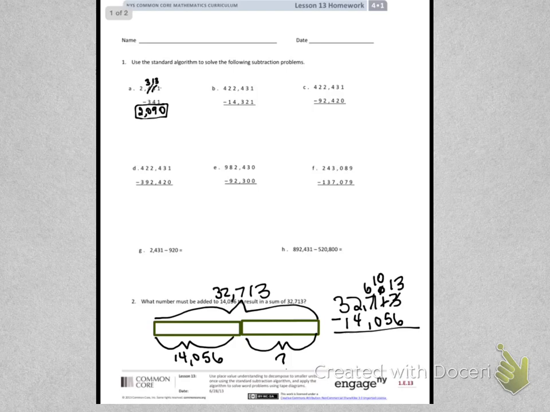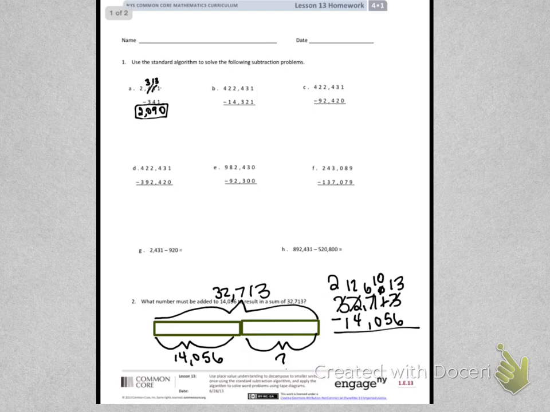My hundreds place looks fine. 6 minus 0 can happen. My thousands, I have 2 minus 4. I can't subtract that. So I'm going to borrow from my 3, from my 10,000s, and take it to the thousands, creating a 12. Now my subtraction is ready to go.